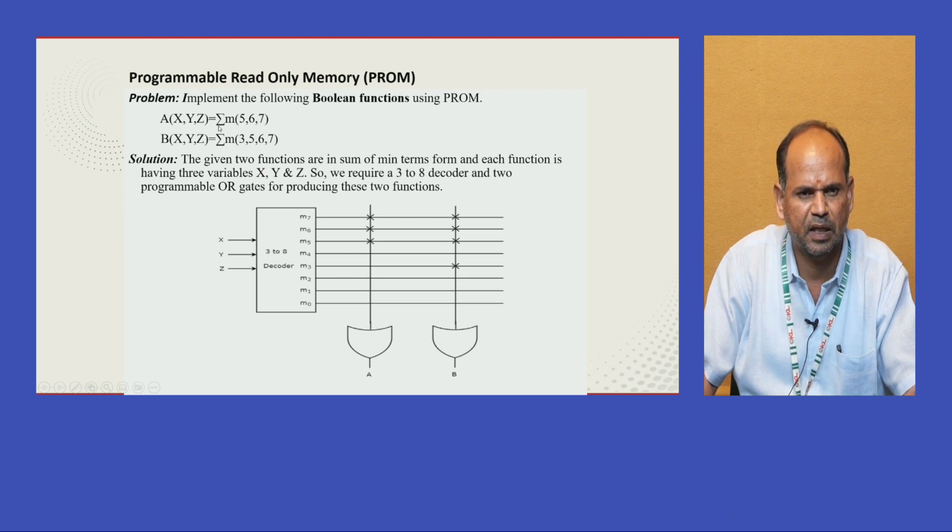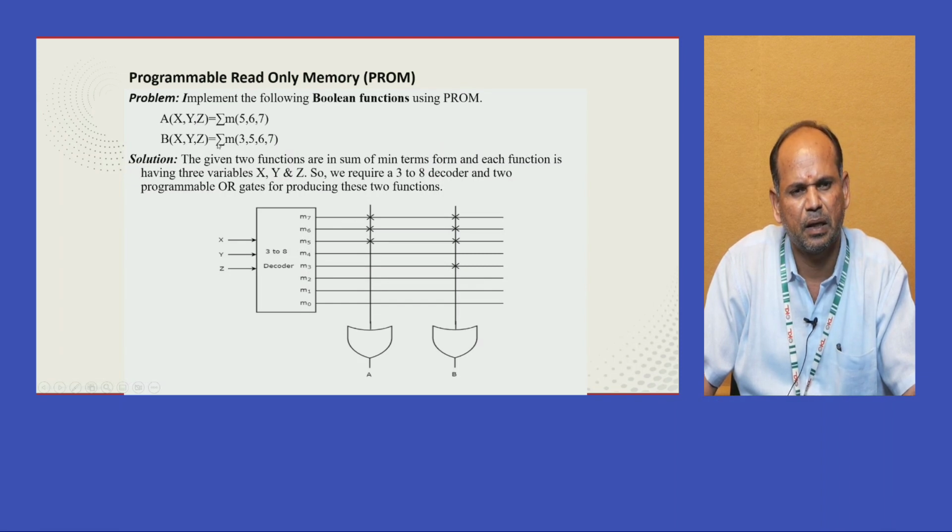For example, the first output A with its OR gate should be connected at the given min terms, that is 5, 6 and 7. Wherever the min terms are there, indicate with the intact fuse, meaning that gate is a programmable gate, like 5, 6 and 7.